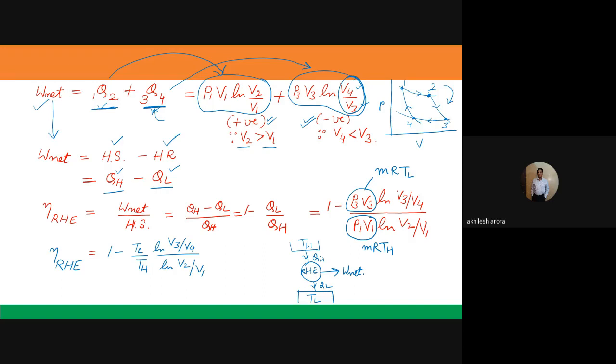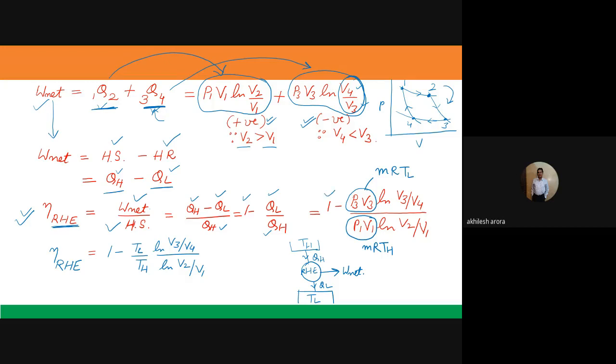Now what is the efficiency of the reversible heat engine? RHE stands for the reversible heat engine. It is equal to W net divided by the heat supplied. W net is equal to QH minus QL, and heat supplied is QH. So here we get 1 minus QL over QH, and then we can put the values of QL and QH.